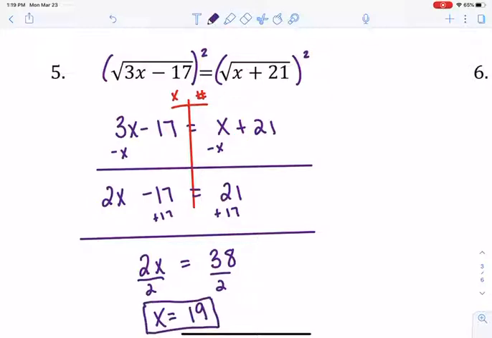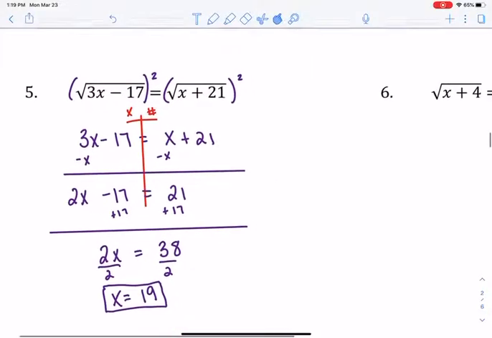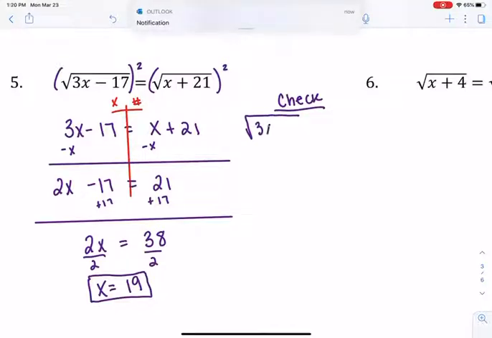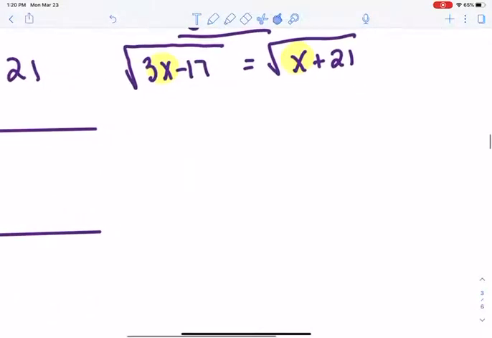Okay, so now we do want to check this, even though it might seem a little intimidating with the square root on each side, but we're going to be okay. So let's do our check. We're going to use our original equation, so we need the square roots back. And we are going to plug in 19 for both of our x values.